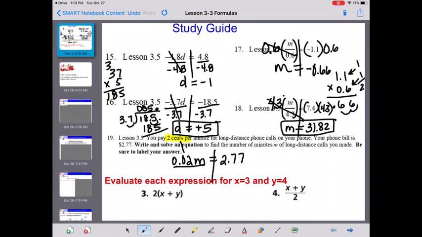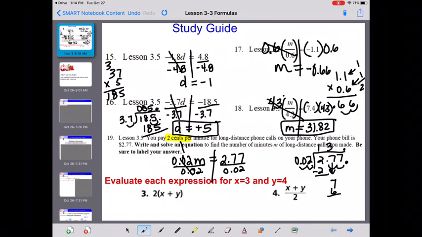So here's my equation. We need to divide both sides by 2 cents. So I'm going to do a side problem over here. I need to move the decimal all the way to the right in the divisor. That's 2 places. 2 goes into 2 one time. I subtract. Then I bring down the 7. 2 goes into 7 3 times. 3 times 2 is 6.